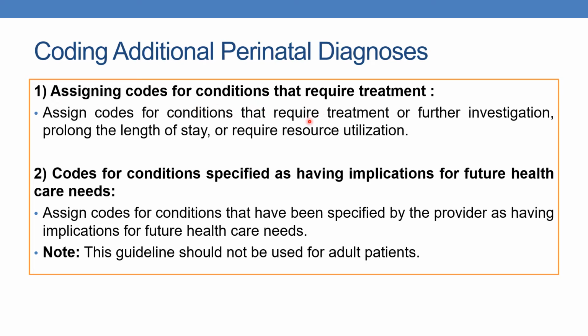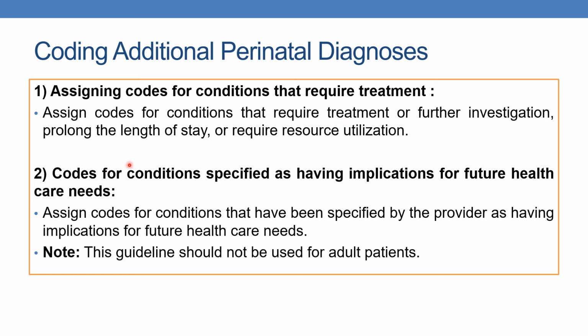Assign codes for conditions that require treatment or further investigation, or they prolong the length of stay or require resource utilization. Any condition that requires treatment or further investigation, prolongs the length of stay, or requires resource utilization, all these conditions can be additionally coded.